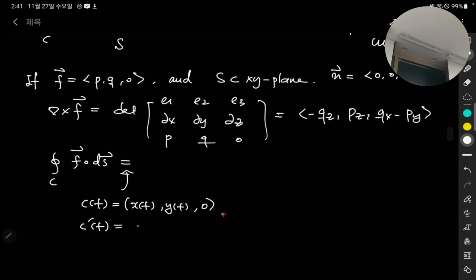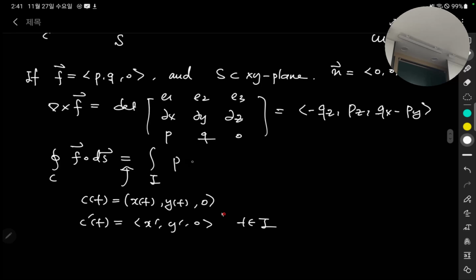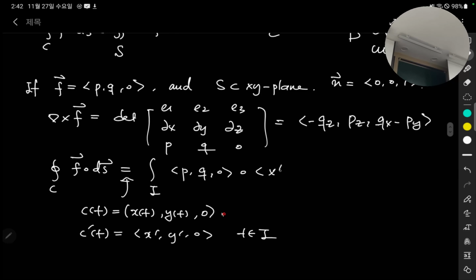So c prime of t is x prime, y prime, 0, and let's say t lies in the interval I. Let me write it one more step: P, Q, 0 inner product with c prime, x prime, y prime, 0, dt.